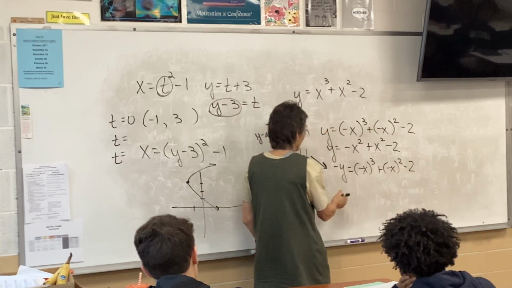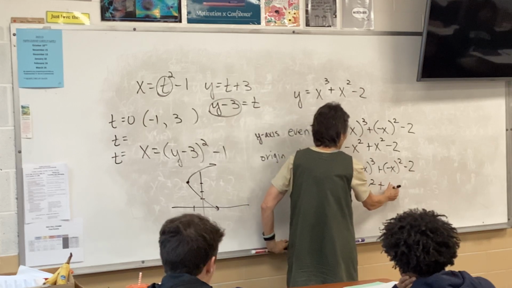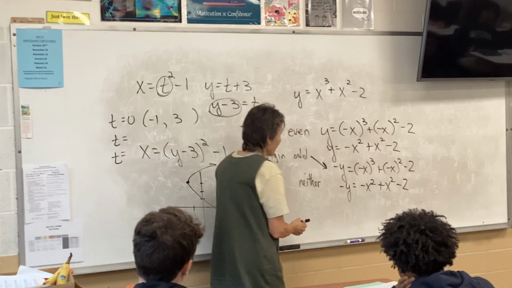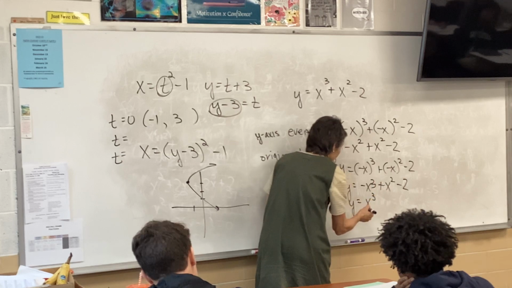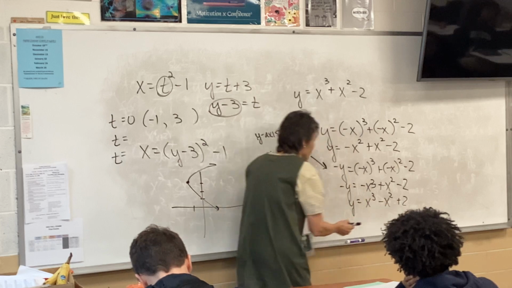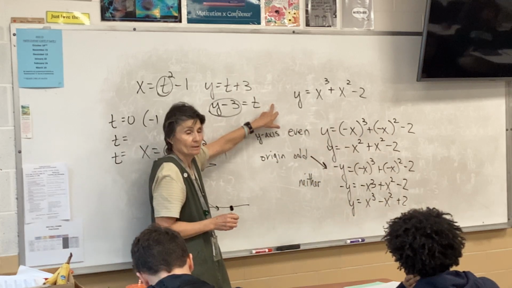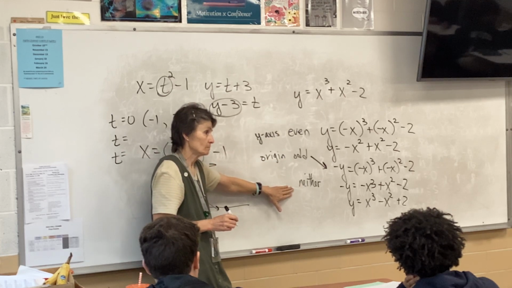Now I'll clean that up. Now if I divide through by a negative, I get my x cubed, but I get negative x squared and positive 2. Is that the same equation that I started with? No. Nope. So therefore, this is neither.